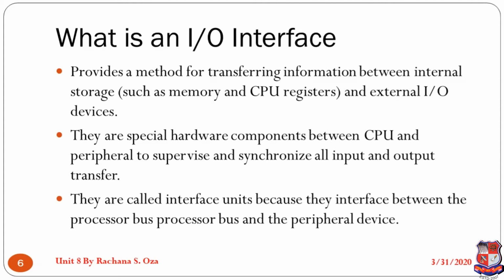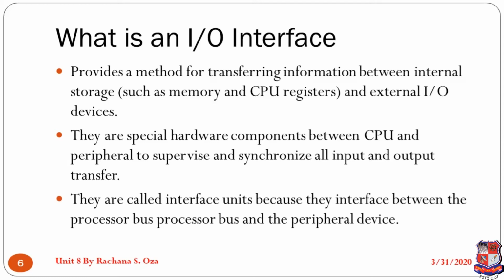So here comes the role of an interface. Let us see what is an input-output interface, shortly known as an I/O interface. As you can see in the presentation, it provides a method for transferring information between the memory and a CPU register to some I/O devices.